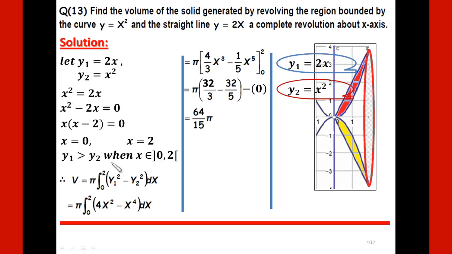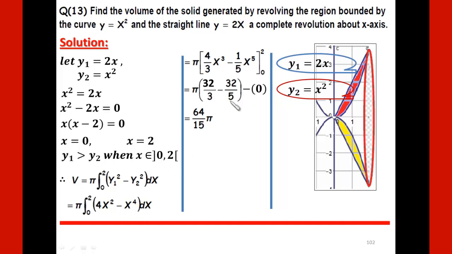And then we determine which is bigger, y1 or y2, in the interval between 0 and 2. And we notice that y1 is greater than y2. So we write it and we substitute.